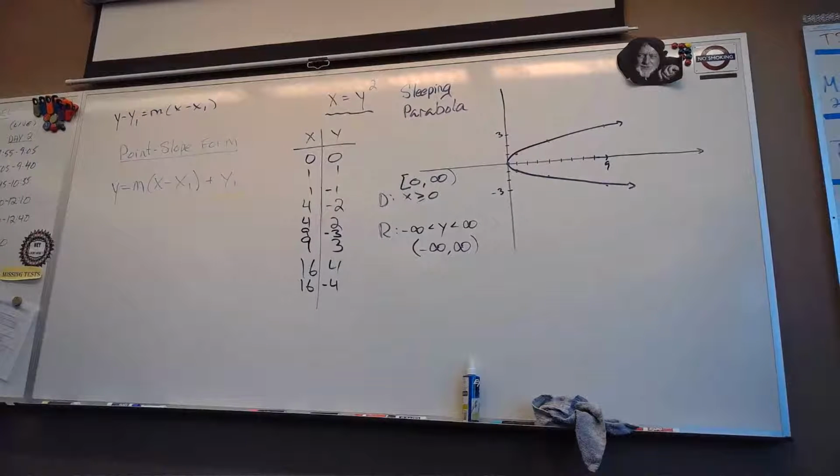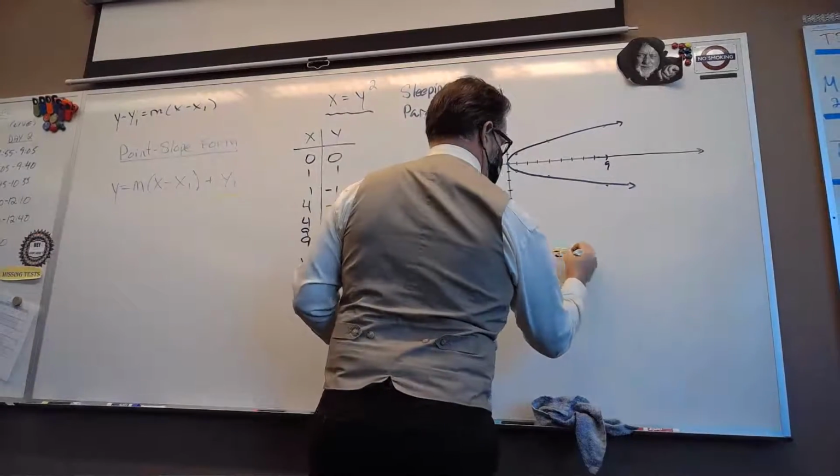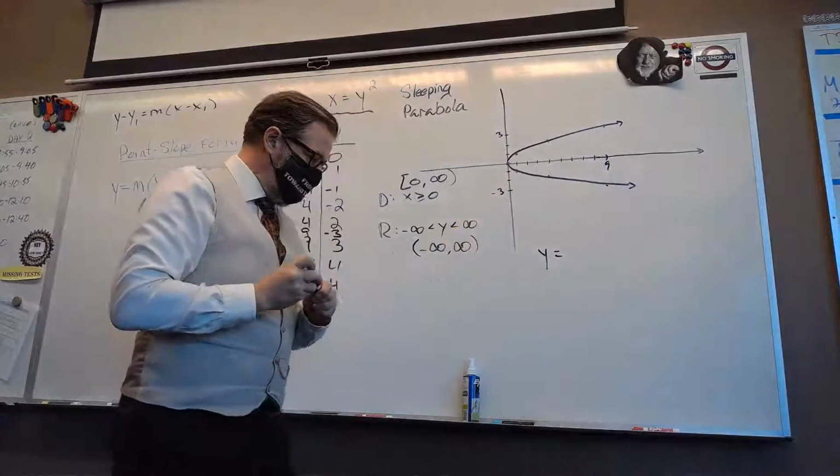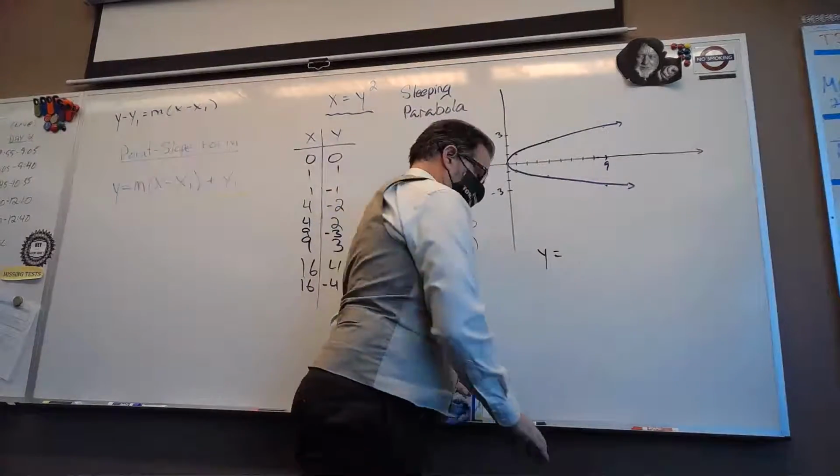All right, cool. So let's put it in our calculators. I want you to solve for y and type it into your calculator, and then show me the awesome sleeping parabola graph that you come up with.